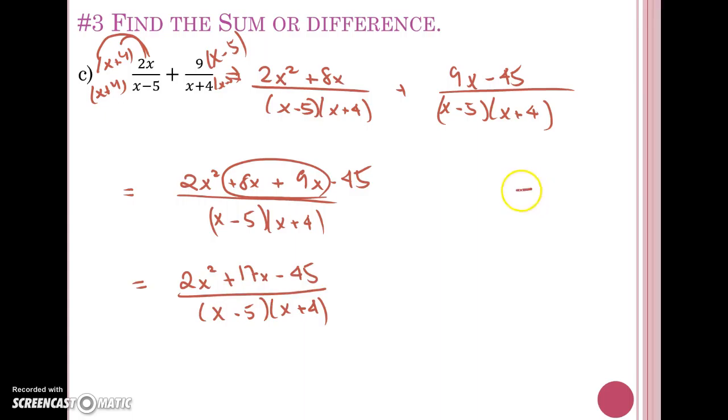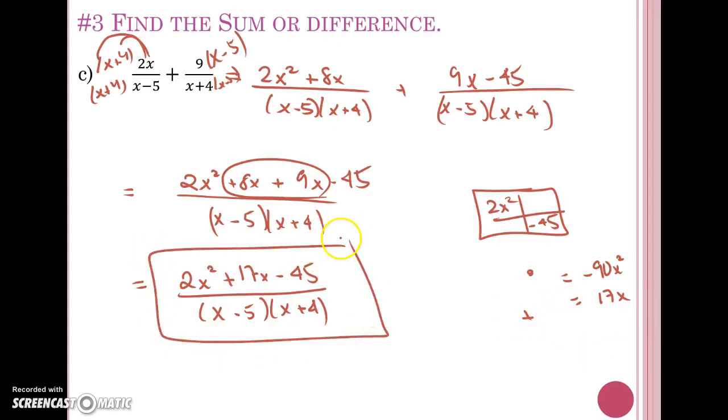So in order to factor it, you would set up your factor box, and you have your 2x squared and negative 45. And you're trying to see, are there two numbers that will multiply to give you negative 90x squared and add to give you 17x. And then after a lot of thought, there are not two numbers that satisfy that, so there's nothing for me to factor for this problem. So that's going to be my final answer.